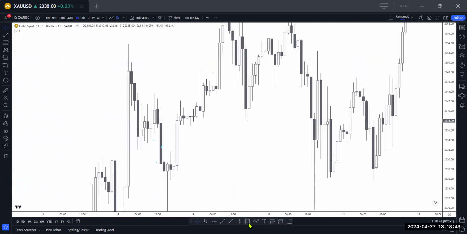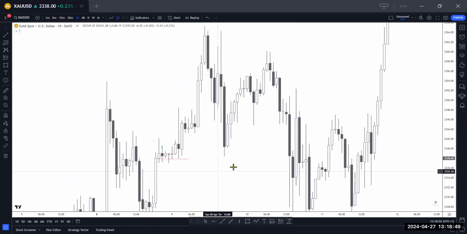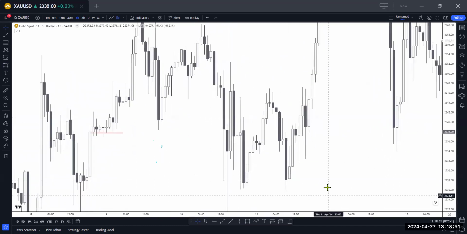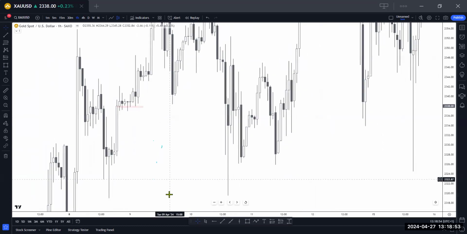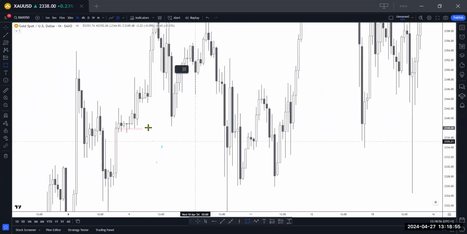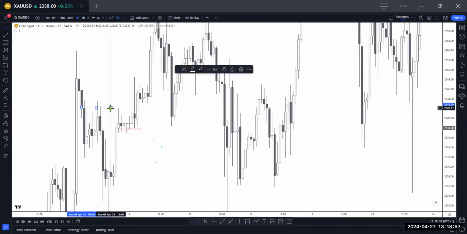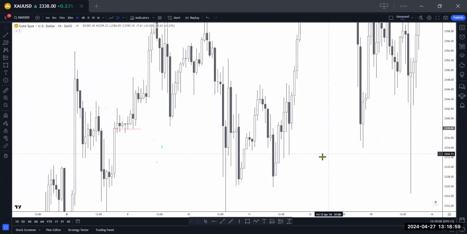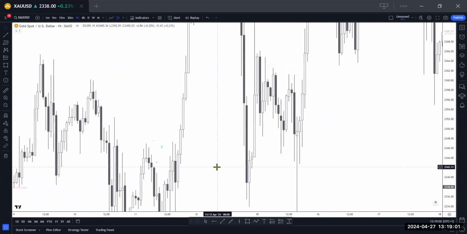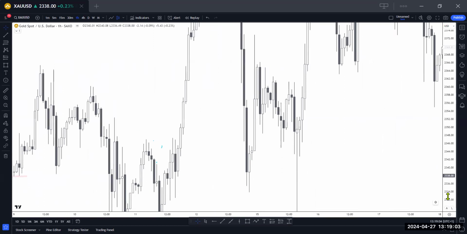Okay, more examples. See this gap, buy, right? Gap level. Market is just so hilarious, the way it uses this level. See this buy level, gap level. So let's just look for two more.